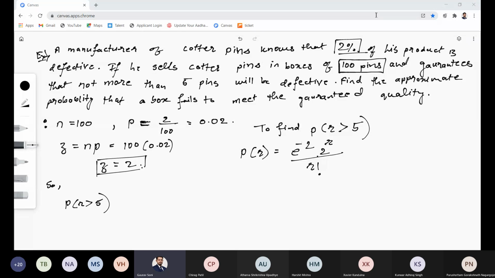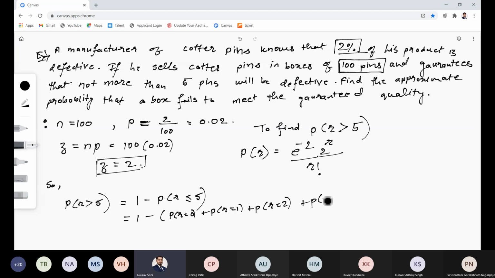So we are at finding the probability of r greater than 5. Total probability is always 1, so this is 1 minus the probability of r less than or equal to 5. So this is 1 minus the probability of r equal to 0, r equal to 1, r equal to 2, plus probability of r equal to 3, plus probability of r equal to 4, plus probability of r equal to 5.